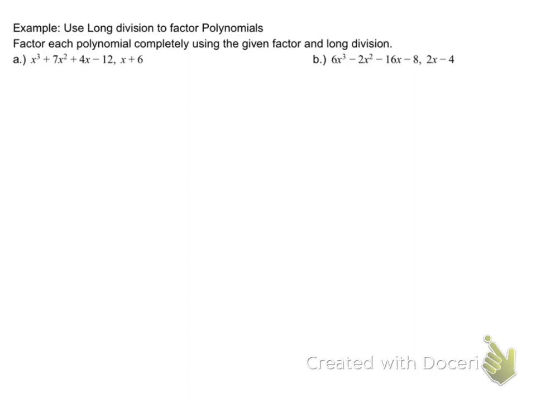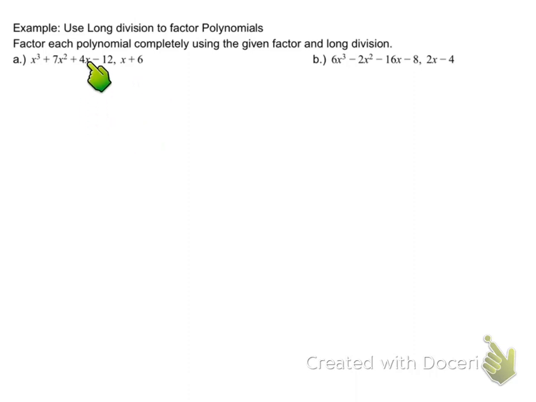Now, ladies and gentlemen, I would like you guys to use long division. I want you to divide this polynomial by the factor of x plus 6. Now, notice the wording on this problem.